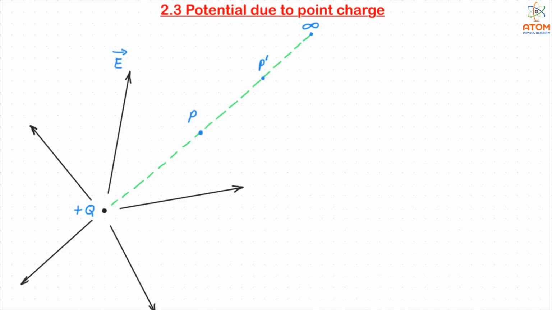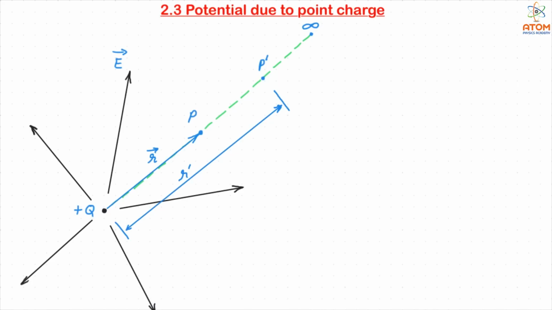Suppose the position vector of this point P is R. Here is the position vector R. Also, let me show the distance of point P dash is R dash. So here is the distance R dash of point P dash from the charge Q.